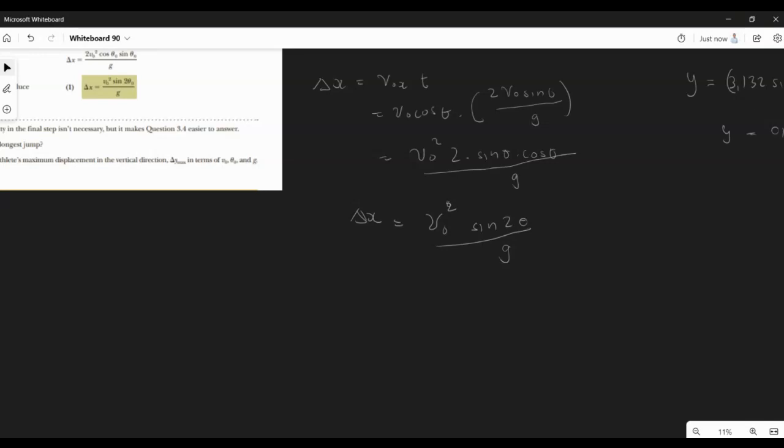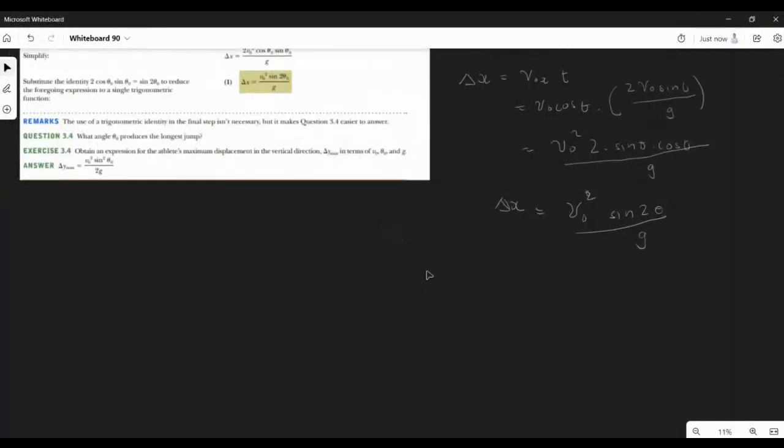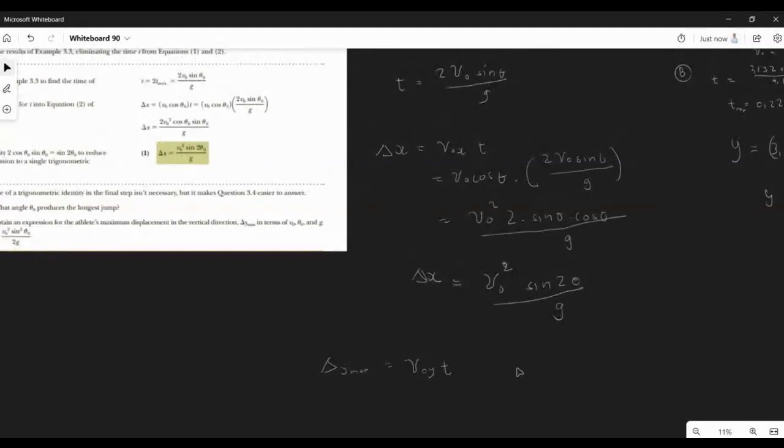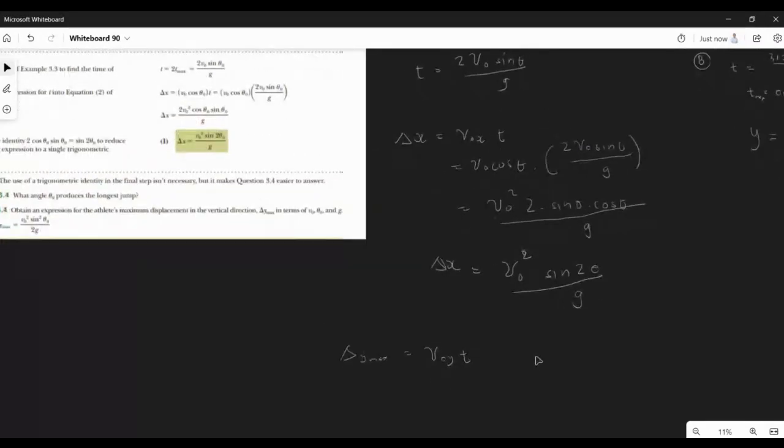Now what we're going to do is the Y max. So delta y max, I want you guys to actually do it, is equal to V0y times T, minus a half G T squared. Remember this T is different.